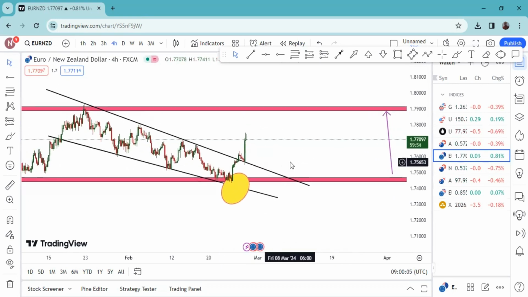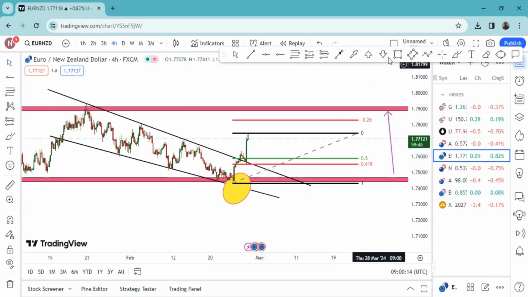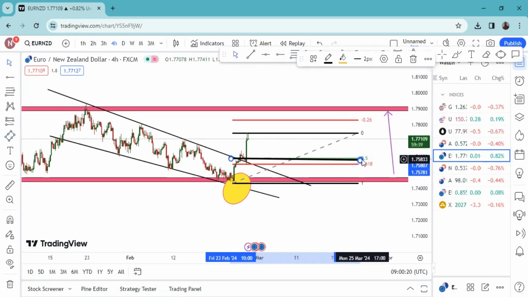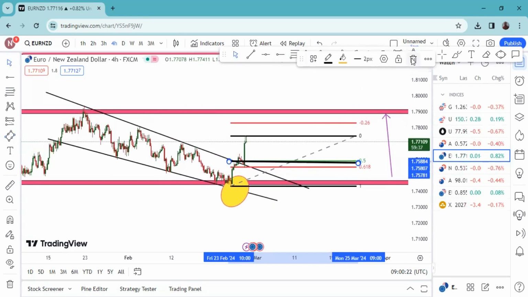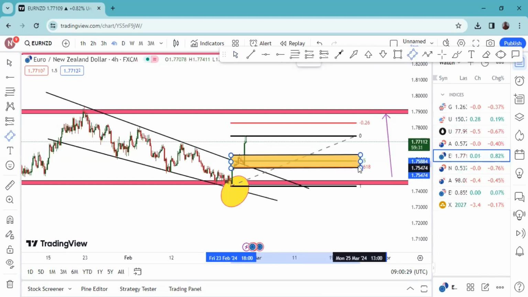So what I'm waiting for right now is I take my Fibonacci level, draw from the bottom to the top, then I mark this level. I mark this level. I mark this level.